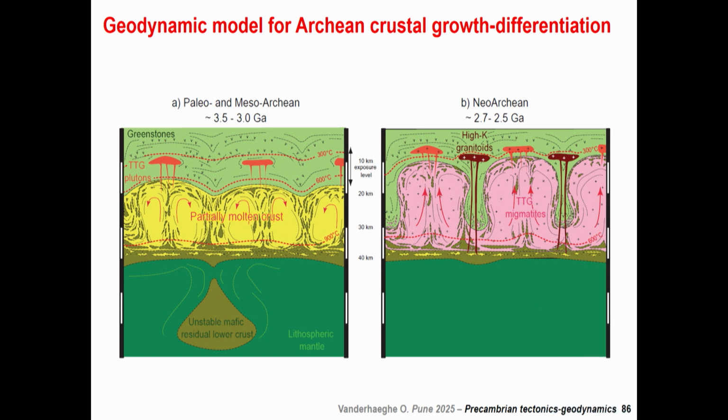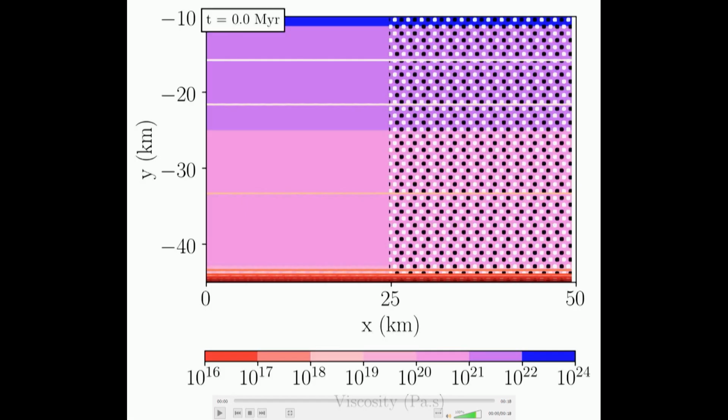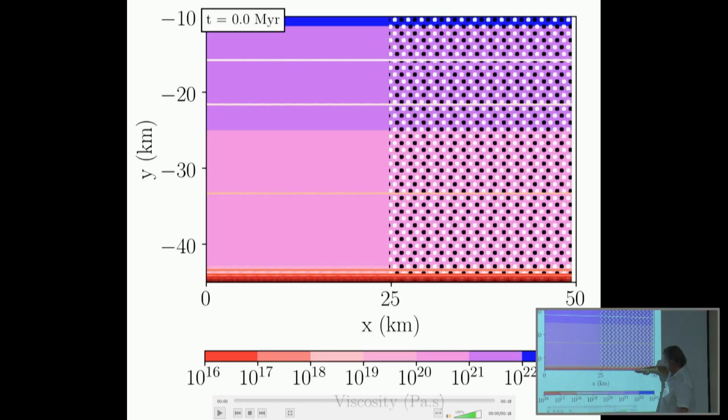So we try to model that, because that's easy to draw on a paper, right? So now, does it work physically? Here we have a crust that is 40 kilometers thick, 45 actually. First there is a thermal gradient identified by these lines, and 700 degrees is here, and you'll see the isotherm rising up, temperature rising up, and these are inclusions.